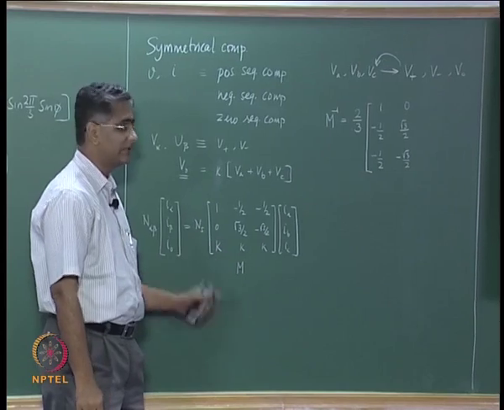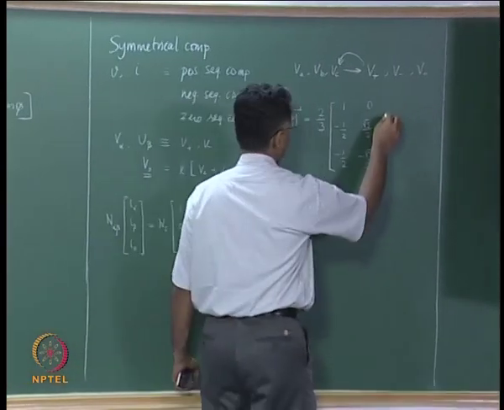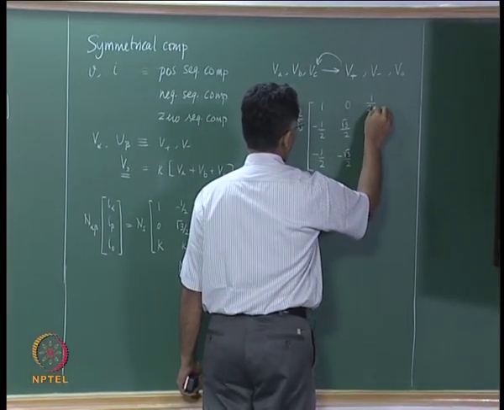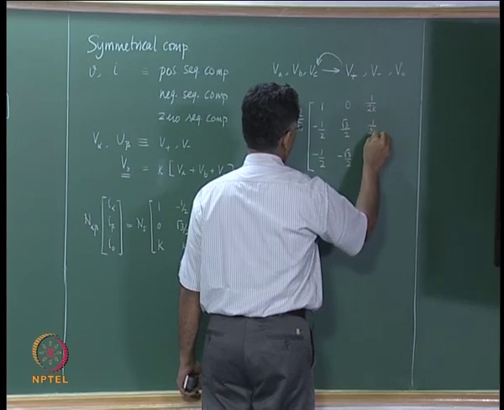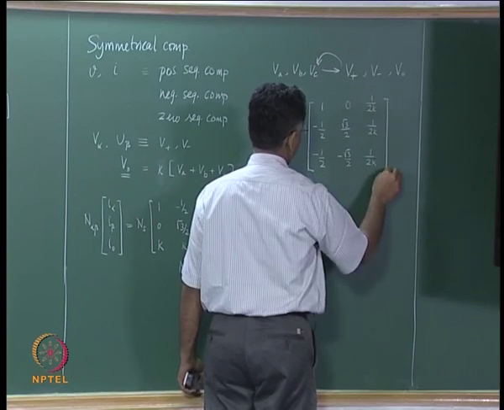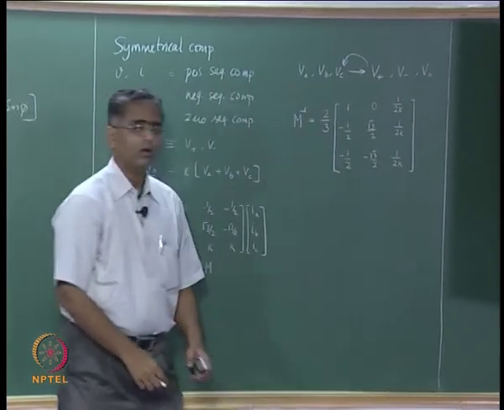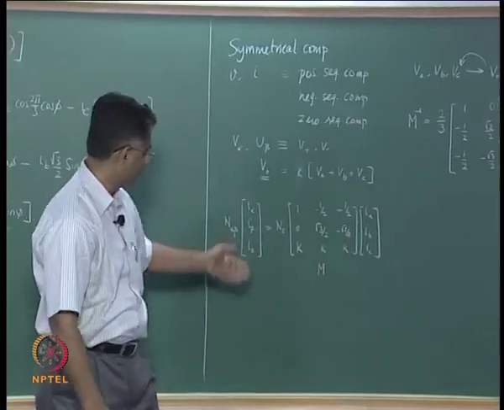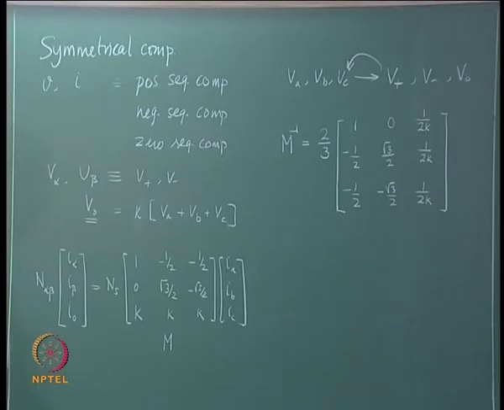And then you get 1 by 2k, 1 by 2k, 1 by 2k. This is the inverse of the matrix that we have written down here. You can try to evaluate the inverse and verify for yourself.